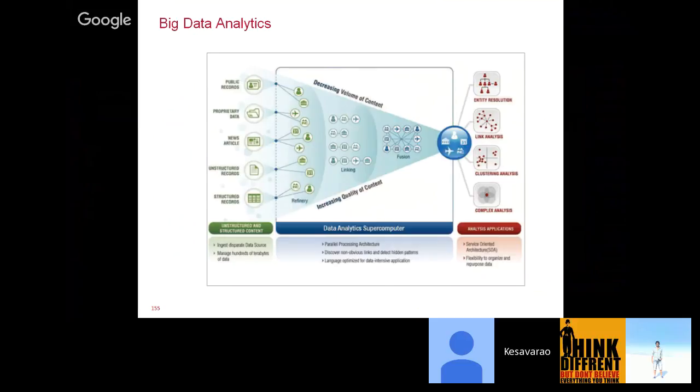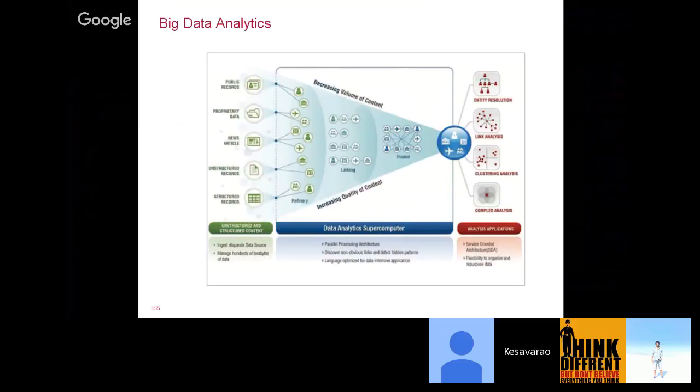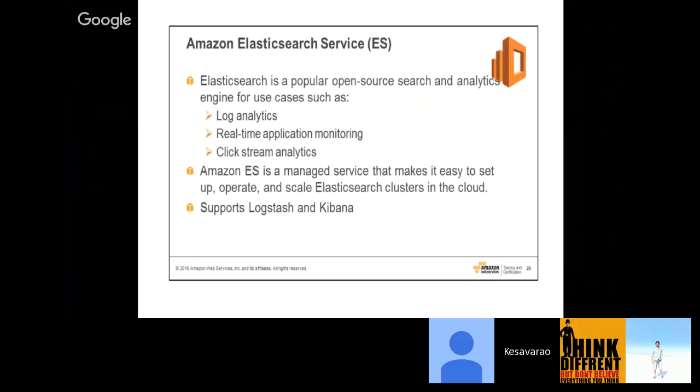Okay, so that's where you get all the analysis applications, which could be entity resolution or link analysis, clustering analysis, complex analysis, all these various types of stuff. So now, one of the end outputs, right? Once you summarize all these things and have it available, this is one outcome.